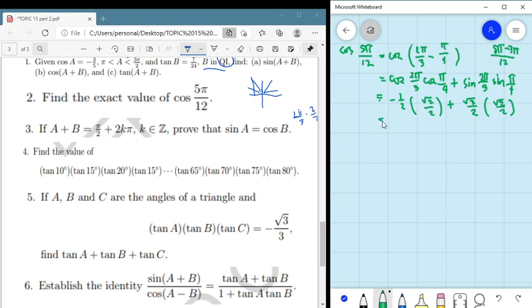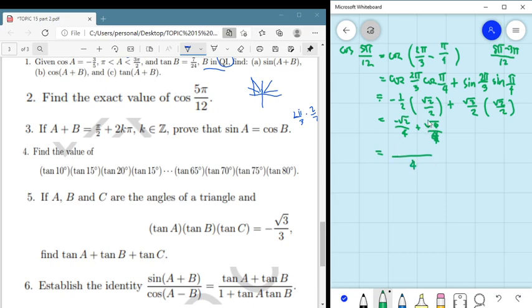Okay. So, we can now have negative square root of 2 over 4 plus square root of 6 over 4. Then get the LCD.